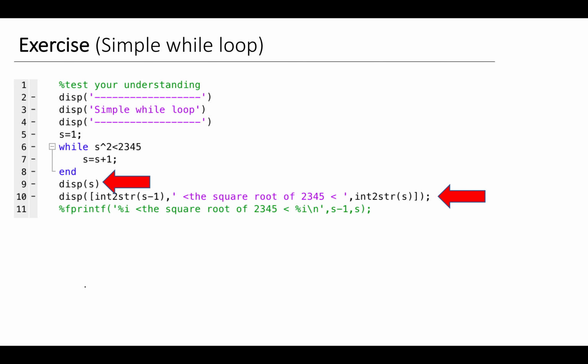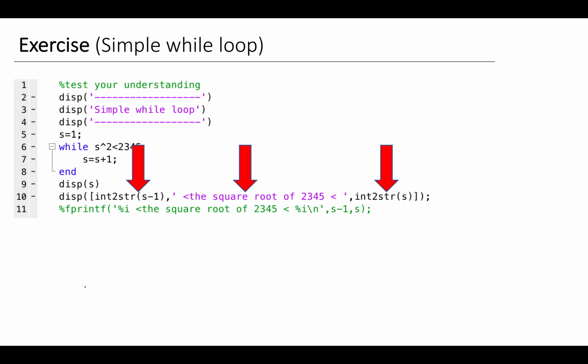I'll just say a bit more about those. So line 9 speaks for itself, just display the answer so I know what it is when I run the code. You can build on this a little, you can put some text in your output. So 10 and 11, they're exactly the same output, just two different ways of getting there. So I'll say what I did for line 10.